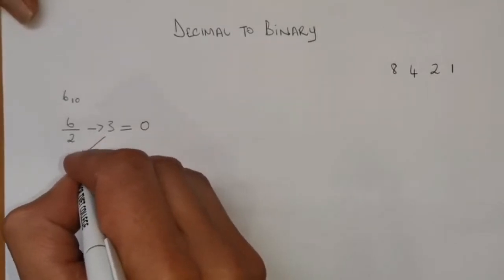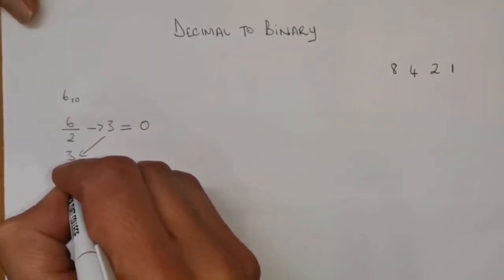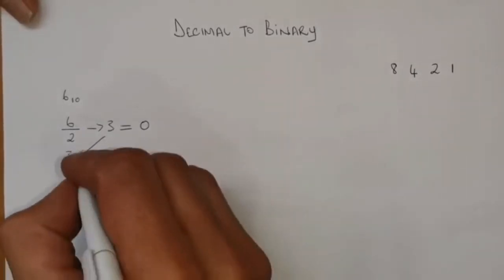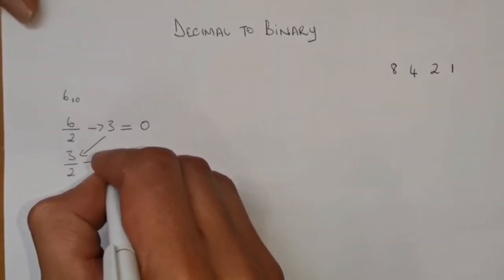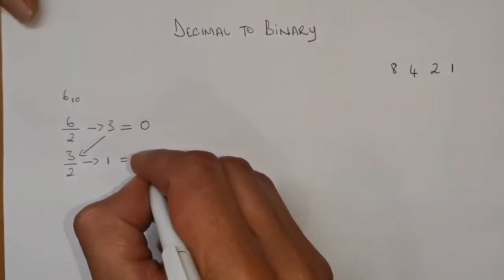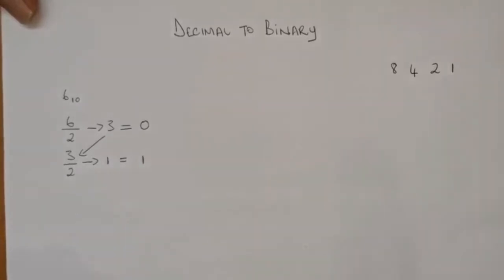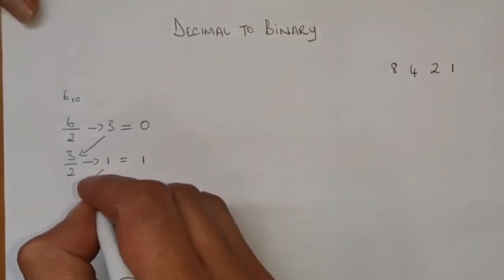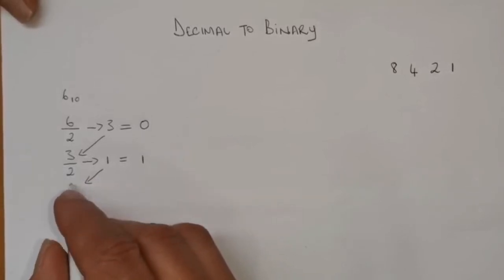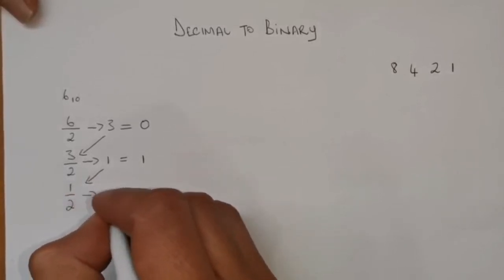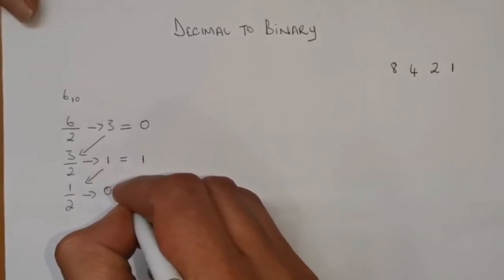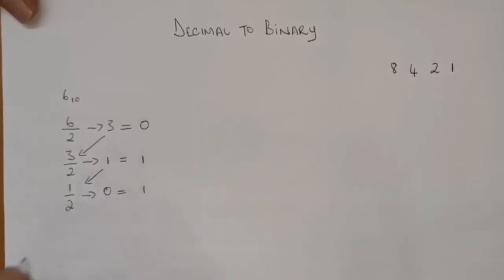Then we take the 3 down and say 2 goes into 3 only once, and I'm going to have 1 left. Last but not least, 2 goes into 1. It's impossible. 0 times, and we have 1 left.